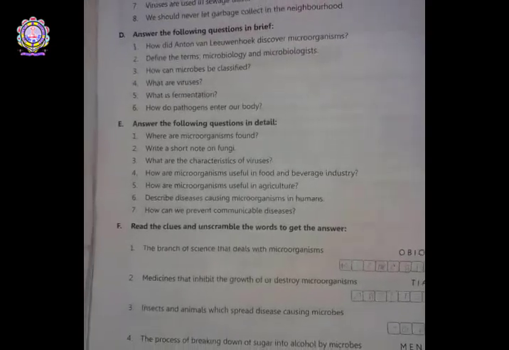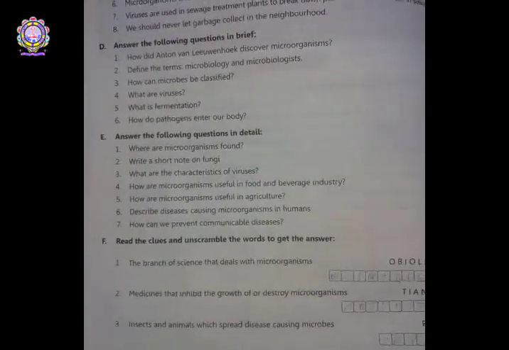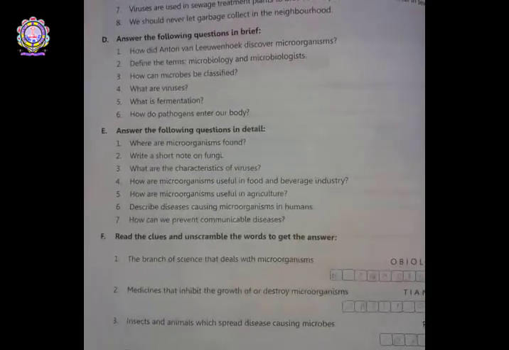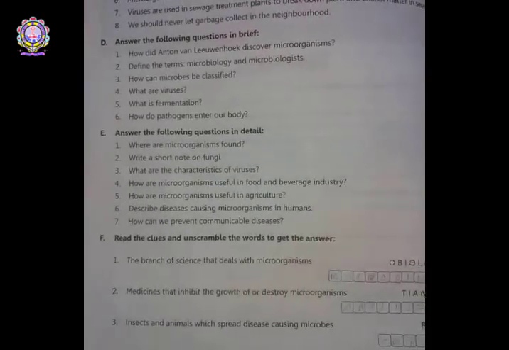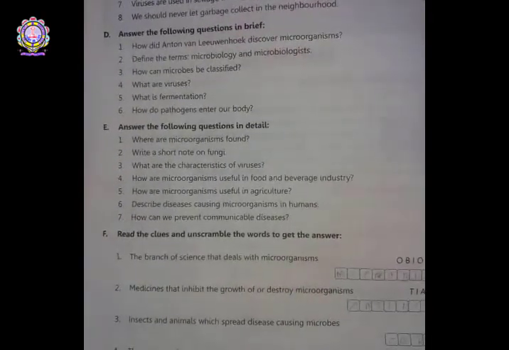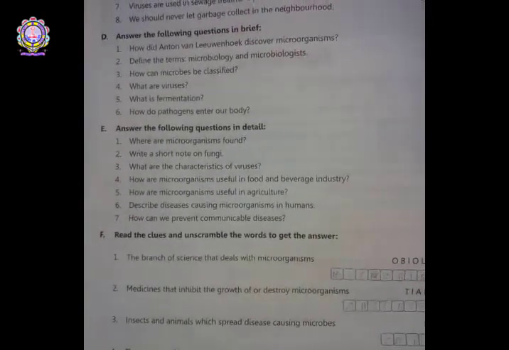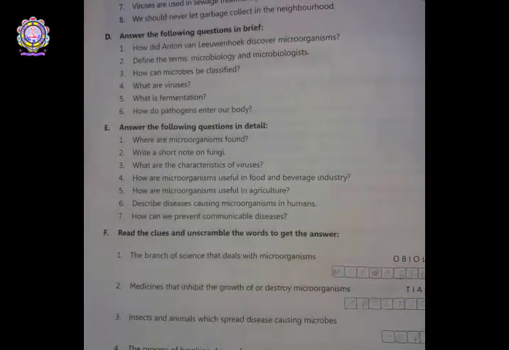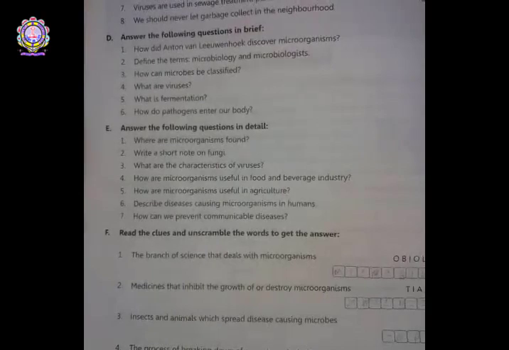The fermentation process is most important for food and beverage industries. It gets the conditions ready for food making and for the beverage industry. So microbial fermentation is useful for food and beverage industries.